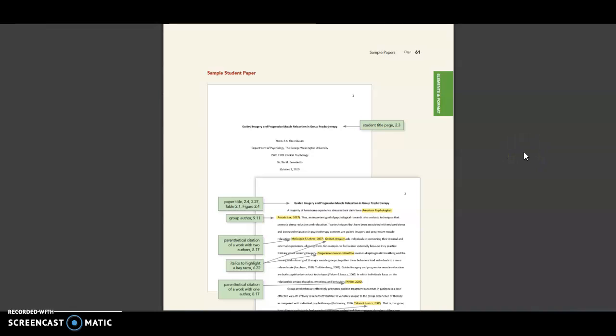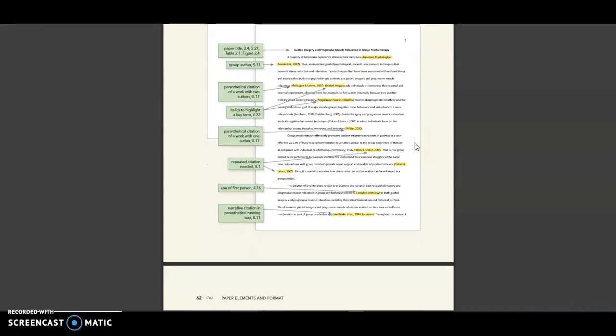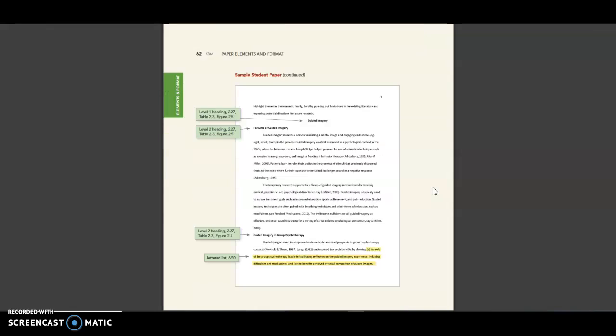The other guide that will be very helpful to you is the sample student paper. This is a sample of an APA paper and formatting. So as you're composing your APA formatted paper, please use this as a guide, and you'll notice that it's annotated so that there are specific references to the book itself to find out specifically why the formatting is the way that it is in the sample paper.